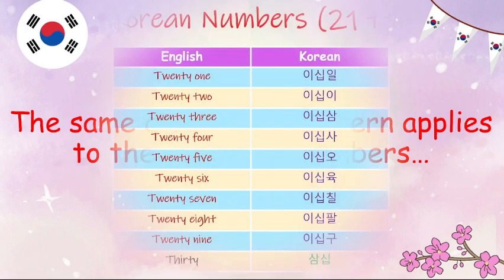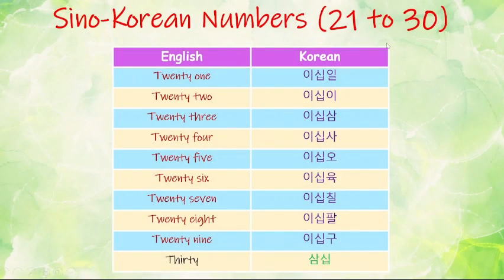Let's see how. Okay, now we saw that 20 is E shib. Now 21 is a combination of 20 and 1. So 20 is E shib and 1 is il. So 21 is automatically E shib il. So easy. So here you go. 22 is E shib E. 23, E shib sam.